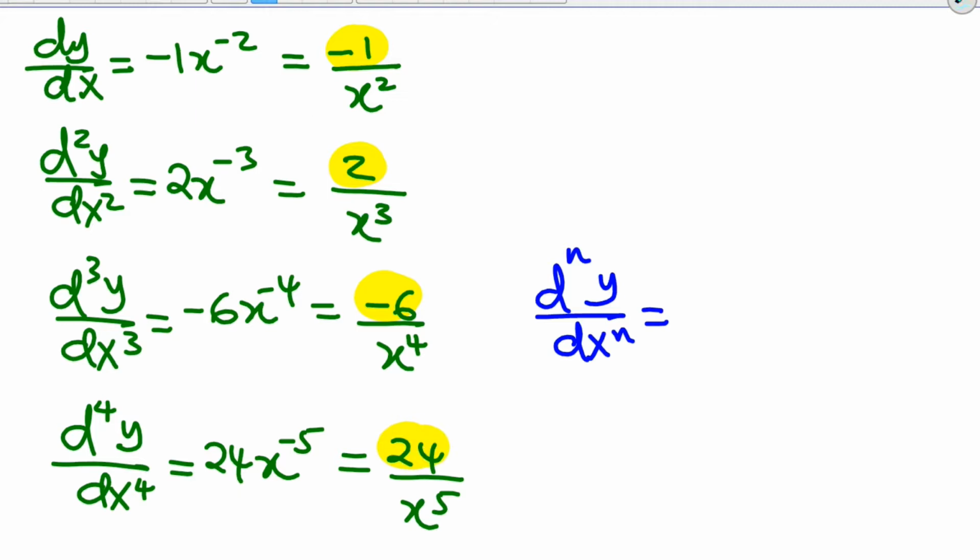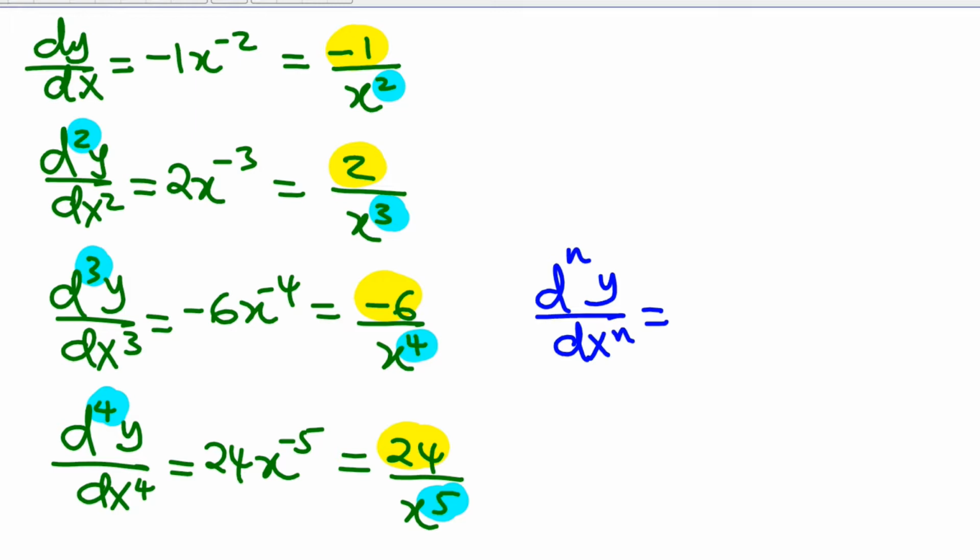We also have these powers: 2 for the first derivative, 3 for the second derivative, 4 for the third derivative, and 5 for the fourth derivative. So that can help us generalize what the power of x will be. We have little bits of information that we need to organize.